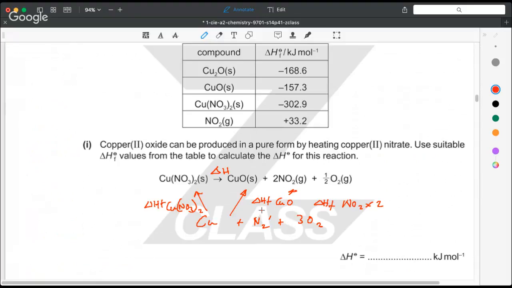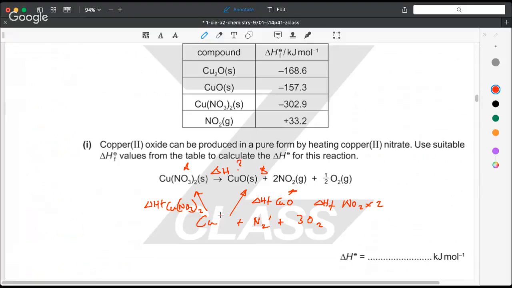So you've got a little cycle here, and you've got one unknown, which is the thing that you're trying to find there. And so you could say, well, according to Hess's law, if you're going from A to B, then there's 2 ways to get there.